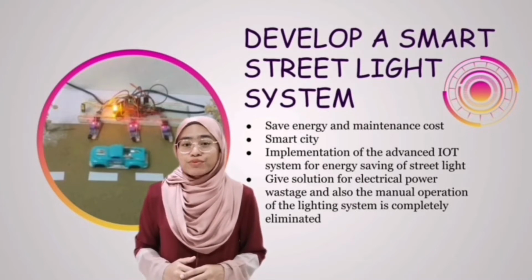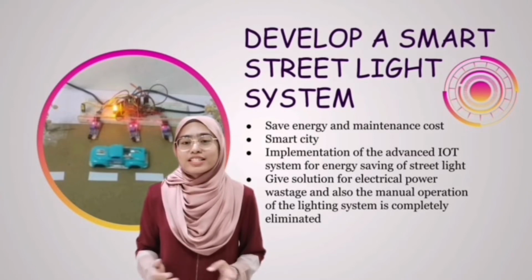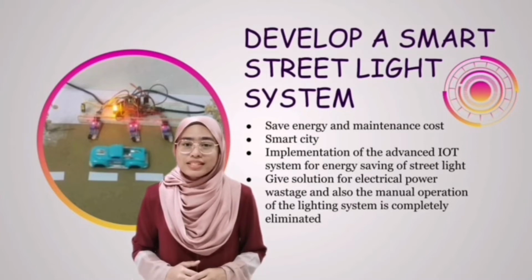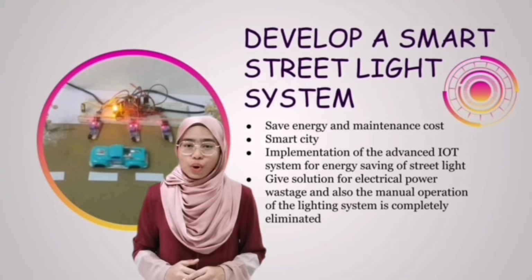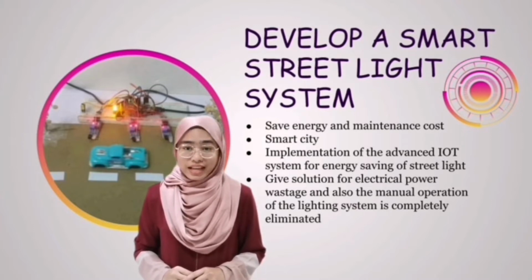This project aims at the design and implementation of an advanced Internet of Things system for energy saving of street lights. Currently, we have a manual system where the street light is switched on in the evening before the sun sets and switched off the next morning after there is sufficient light outside.